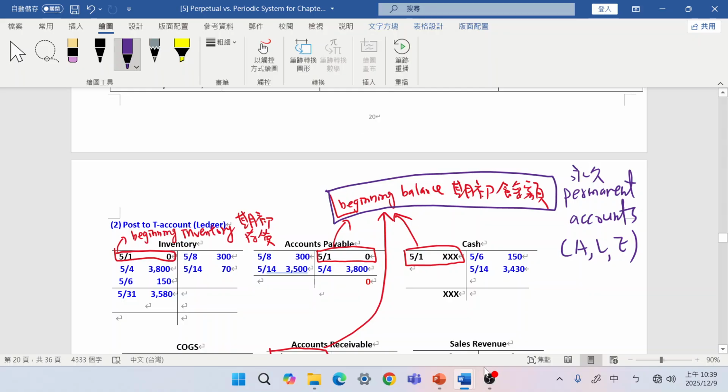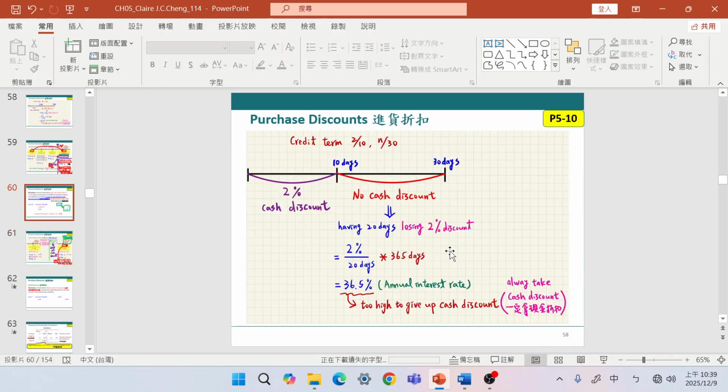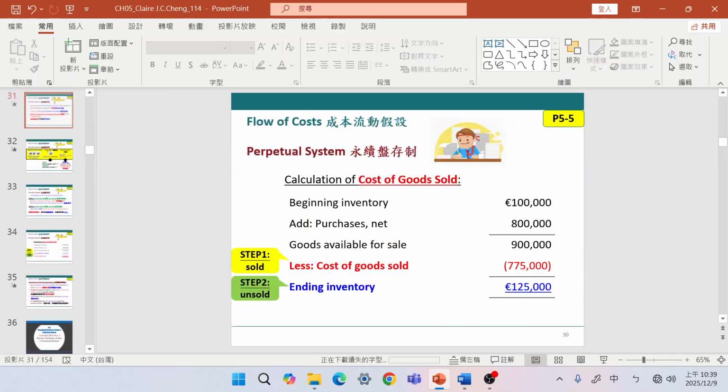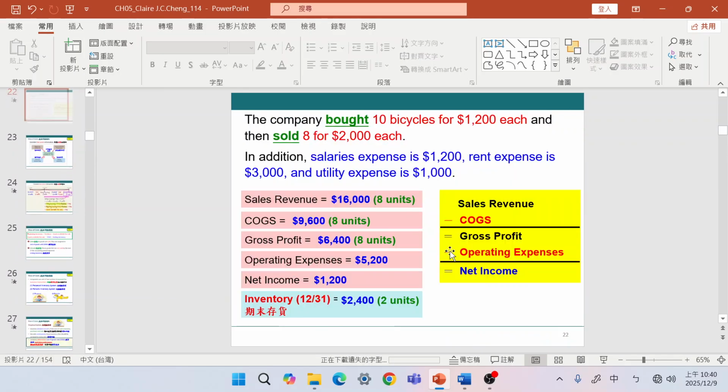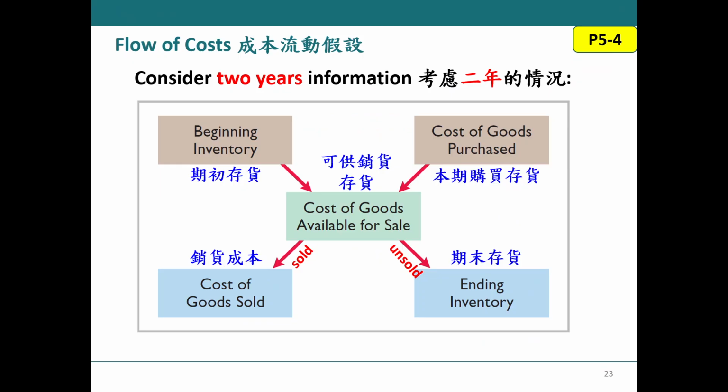So remember, last week, the concept we mentioned, when we have the inventory for 2 years, right here, beginning inventory, plus the inventory we purchased this period. So totally, the inventory we have available for sale, okay, $3,580.